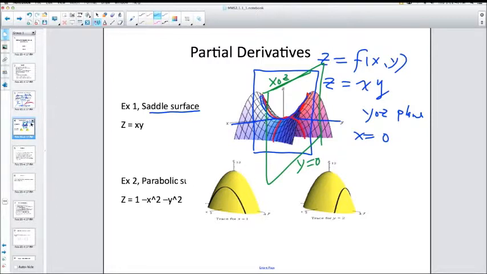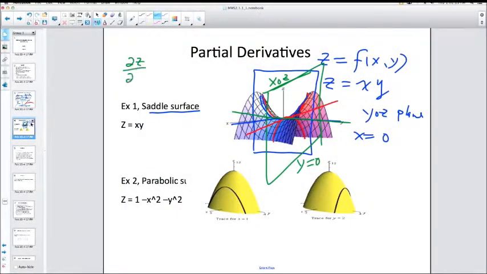In each curve, we have a tangent line. Let me draw this tangent line, the blue one here. And for the other curve, the red one, I have a tangent line that goes this way. If you have a tangent line, you have the slope. Those slopes are called the partial derivatives. So I will say dz over dx, taking the derivative with respect to x. That means y is a constant, in our case y equals 0.